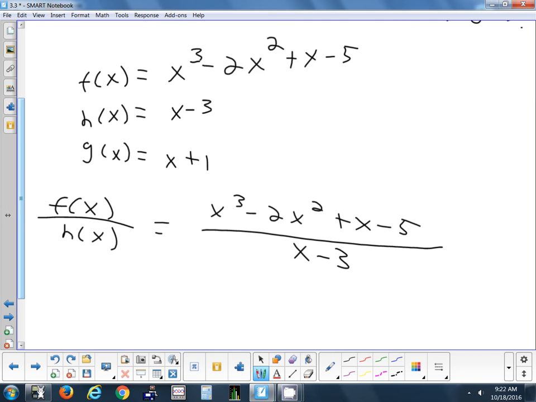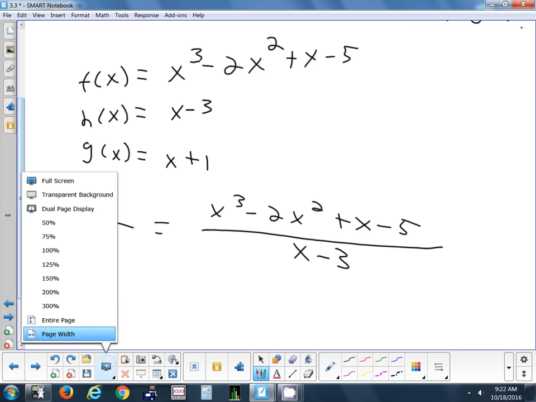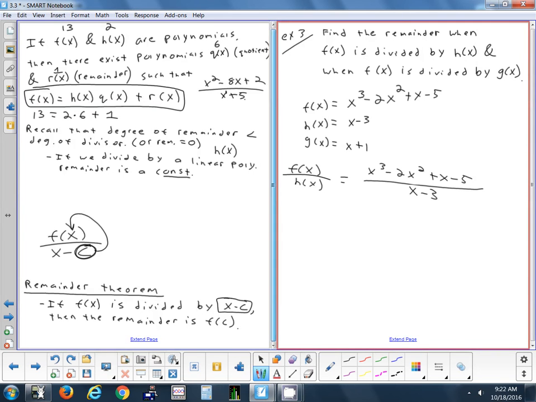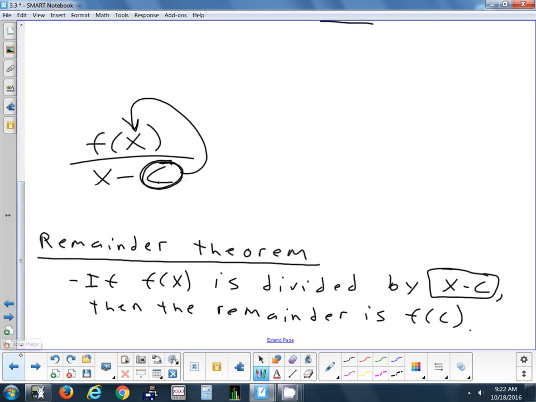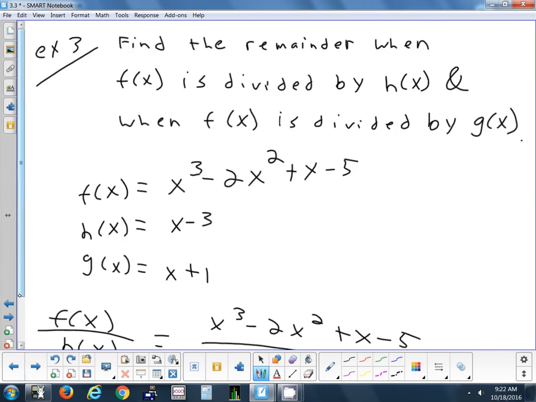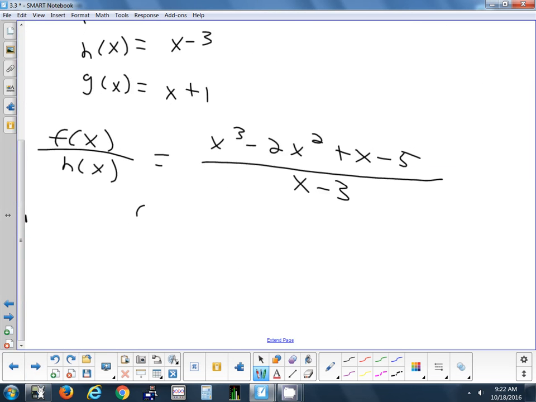Three. Okay, so we are dividing by something that fits the pattern I just explained: x minus a number. So take the number after the minus sign and plug it in for x in the top. So I'm going to find f of 3. Just plug 3 into the top and that'll tell you the remainder.